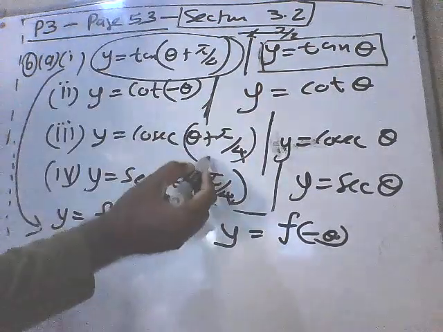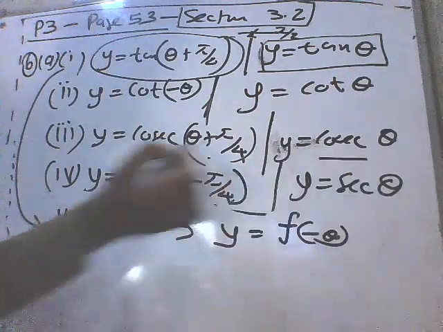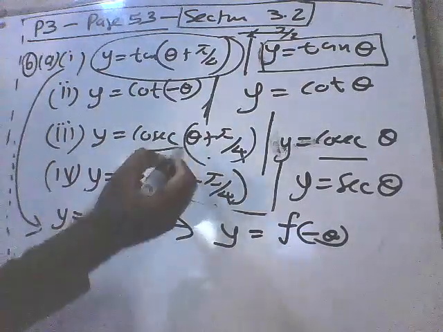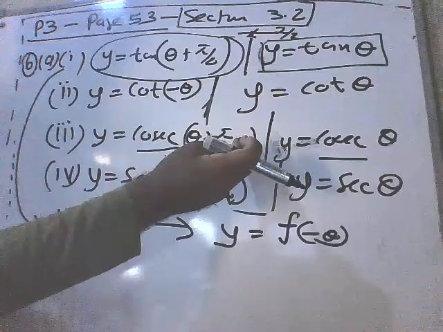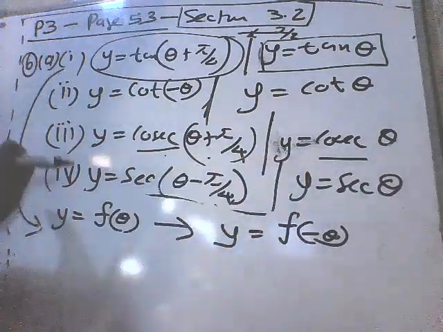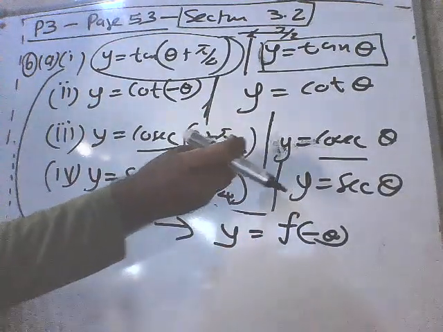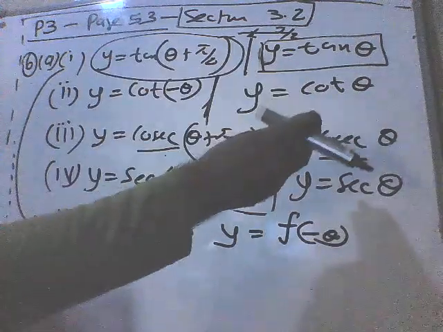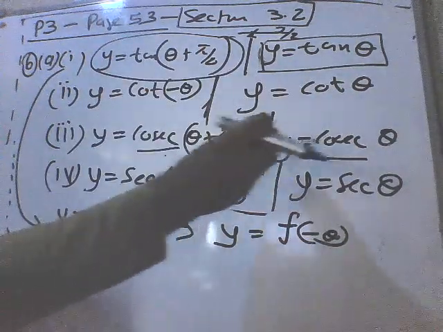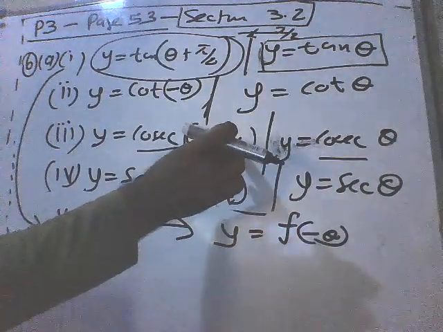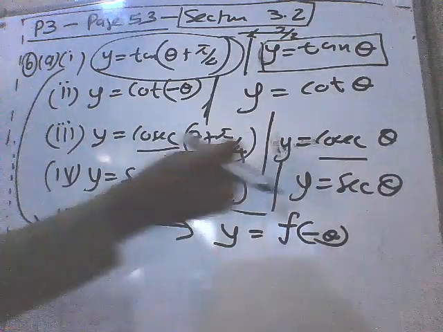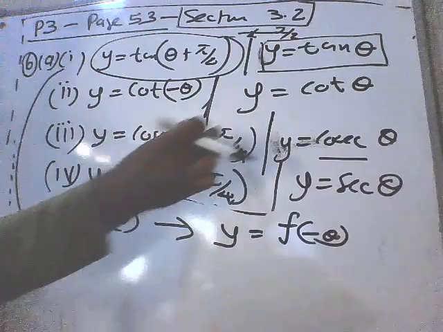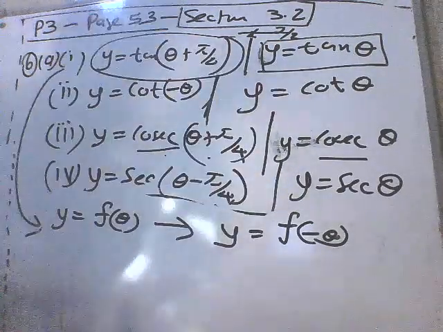Now what about this? Again cosec is there, only theta has been replaced, so it's like x plus a. That means it is a translation to the left. The graph y equals cosec theta has been shifted to the left by pi over 4 units.